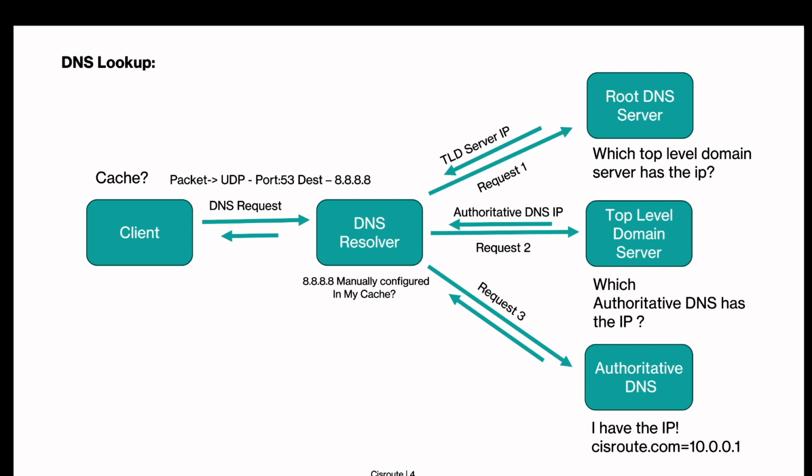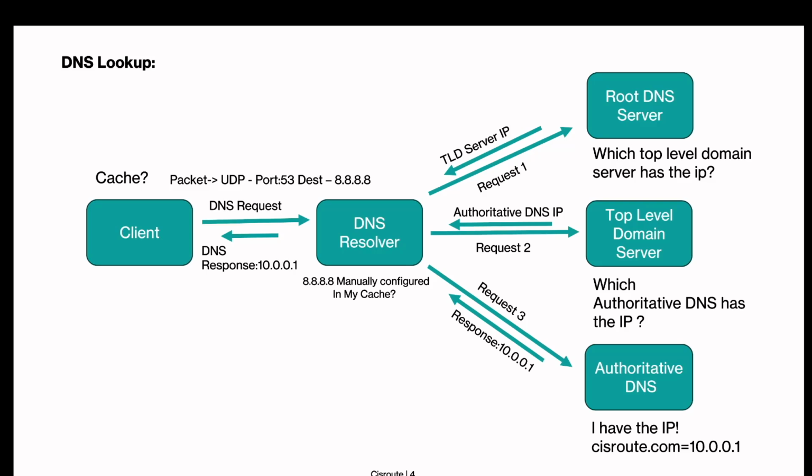So now let me give you this IP address back so that you can send it to the client, so that the client can finally reach me, right? Now the response goes back that 10.0.0.1 is sysroute.com, and finally the DNS resolver would give that same information to the client that you're searching for www.sysroute.com.